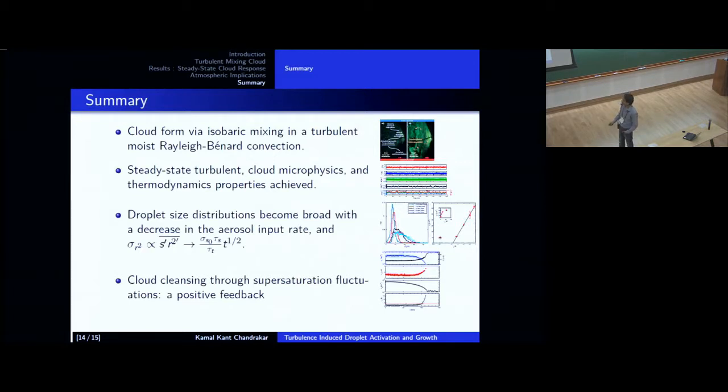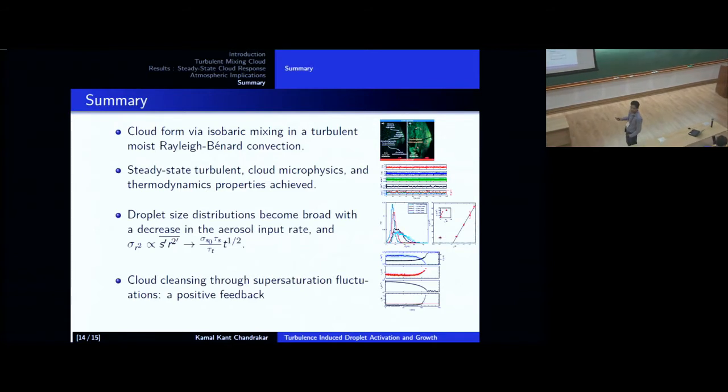Second one, when you say steady state turbulent cloud microphysics, you mean steady state on a time scale smaller than that of the evolution of the cloud? The cloud is evolving, isn't it, in general? So steady state in terms of when you measure inside the chamber, steady with time.